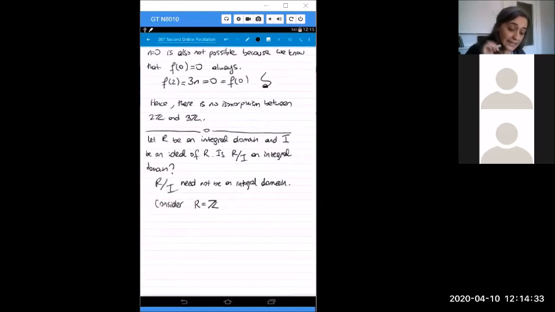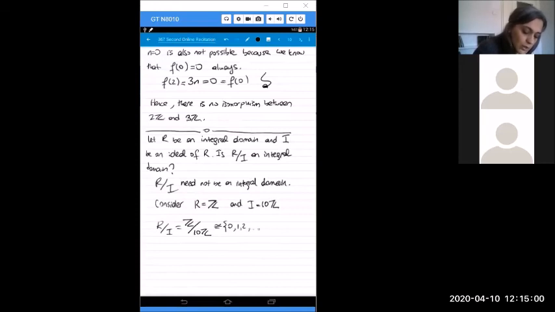And as the ideal I, for example, 10z. If you consider the quotient R over I, this is nothing but z over 10z, and this ring contains all elements modulo 10, right? This is 0, 1, 2, and so on up to 9.